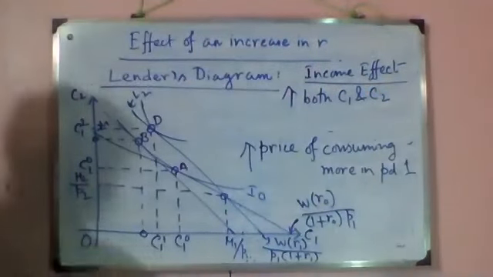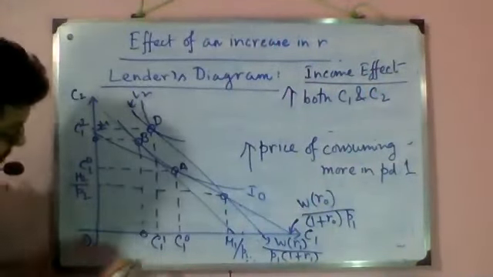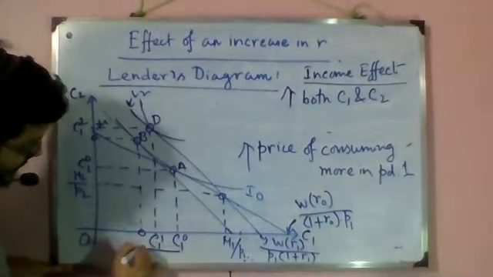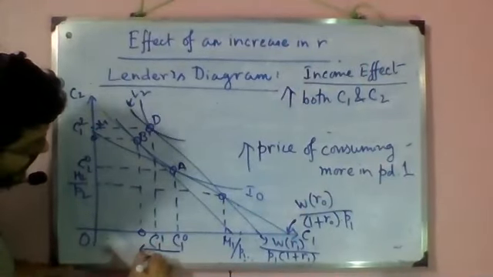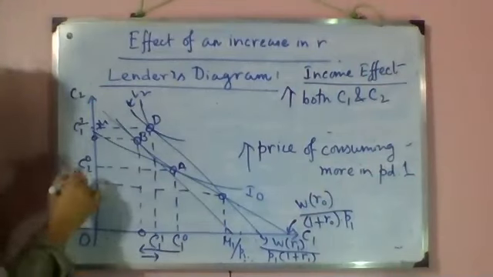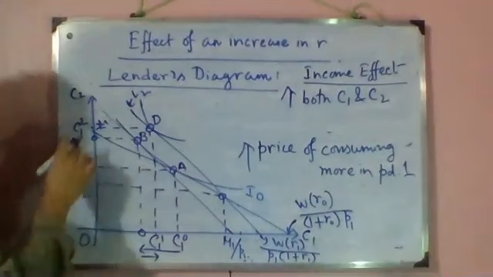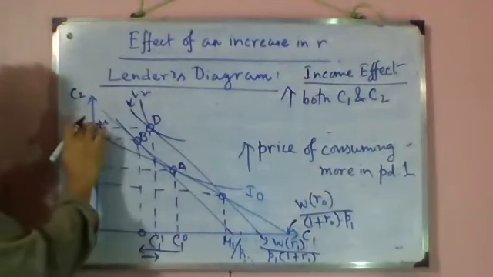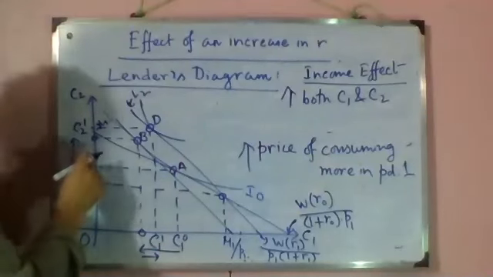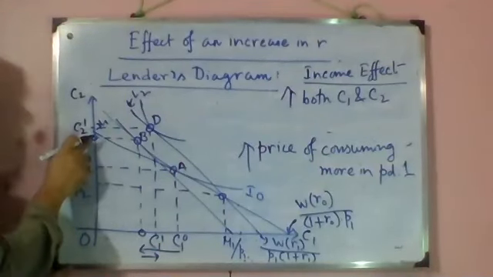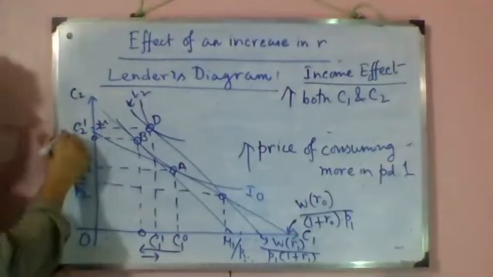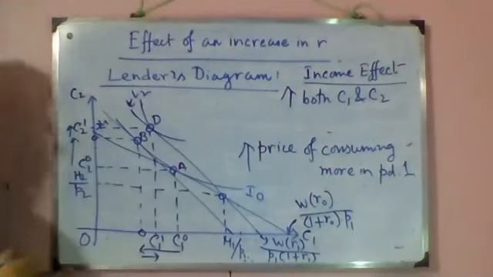That's what you see. So the substitution effect brings the person in this direction, and then the income effect goes in this direction. Sorry, here is a symbolic mistake, this is C2, 1. So the substitution effect takes from this point to this point, right? And then the income effect further increases it.